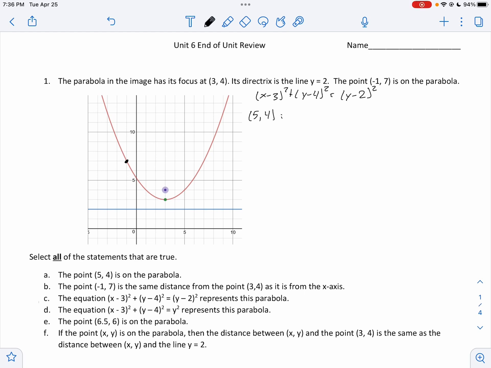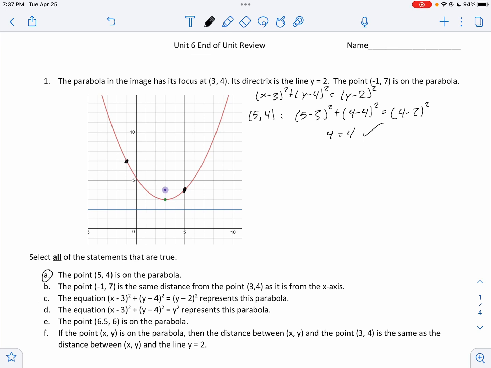We have (5 - 3)² + (4 - 4)² = (4 - 2)², and this simplifies to 4 equals 4. So (5, 4) does lie on the parabola.